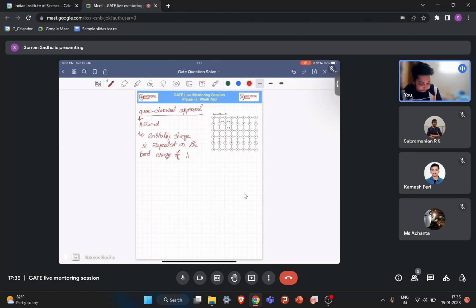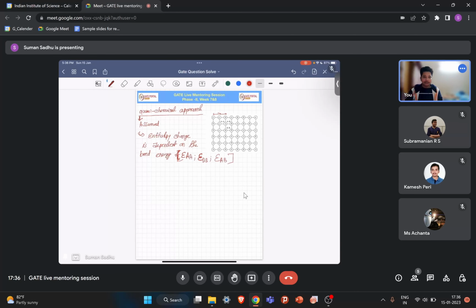So there are different bond energies. One is for A and A atoms, which let's write as epsilon AA. Bond energy between B and B atoms, we write as epsilon BB, and bond energy between A and B, so this is epsilon AB.